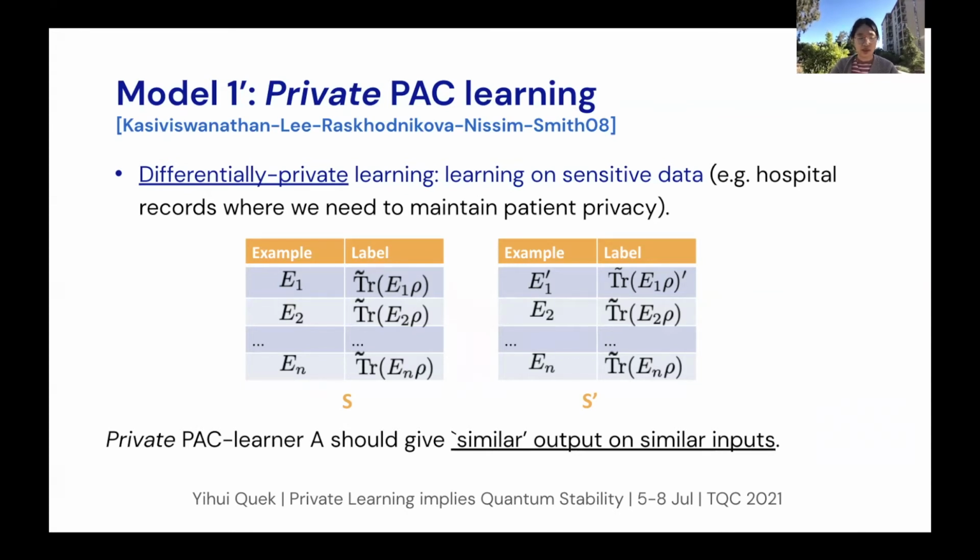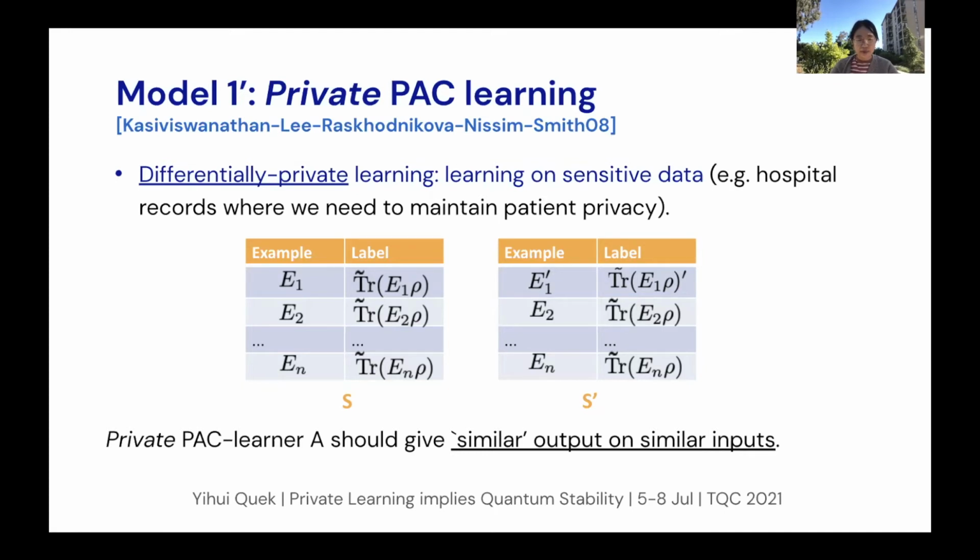For instance, one could be trying to learn something where the input data is a bunch of hospital records, where we want to do some statistics on the patients' information, but at the same time, we also need to maintain the privacy of every patient. So although this sounds like a very pragmatic motivation, this has turned out to be a very rich vein of research in the world of algorithms.